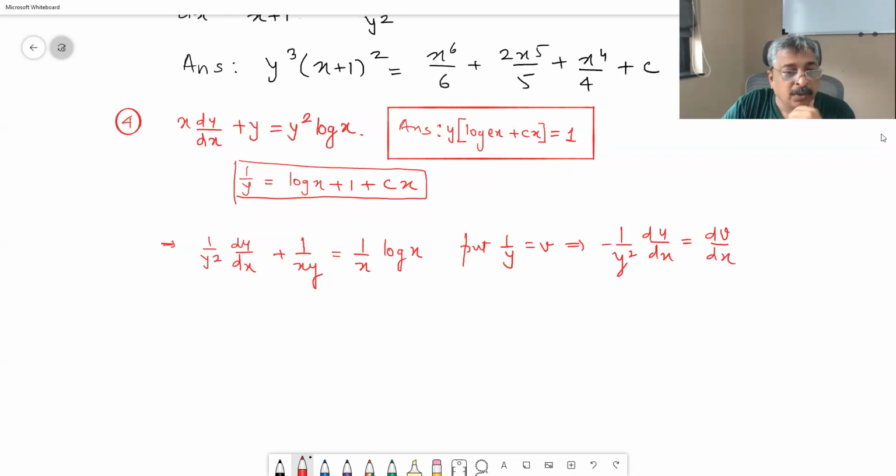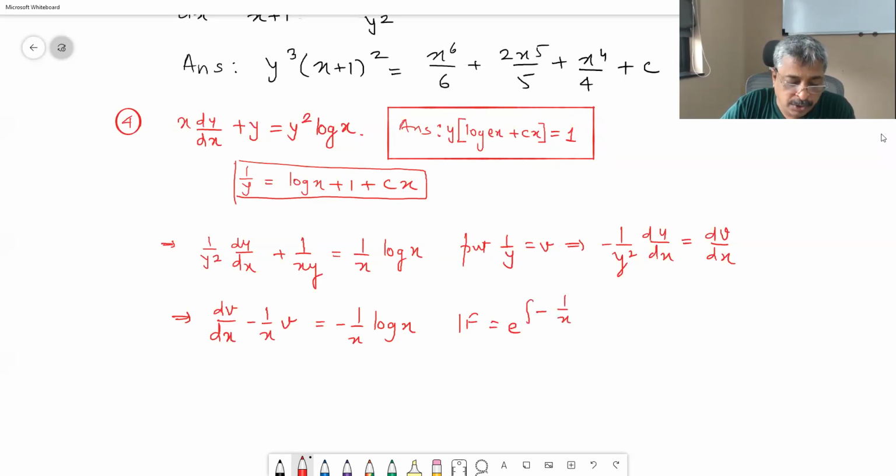Substituting that, we get dv by dx minus 1 upon xv is equal to minus 1 upon x log x. Integrating factor is e raised to integral of minus 1 upon x dx, which is equal to e raised to minus ln x, which is equal to 1 upon x. Integrating factor is 1 upon x.